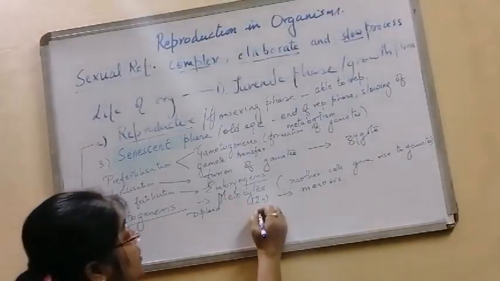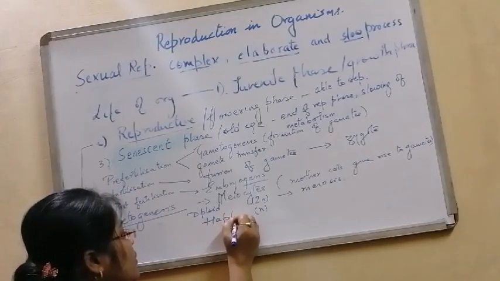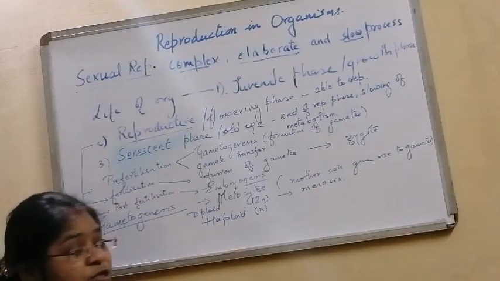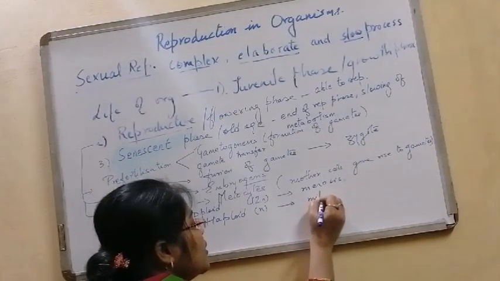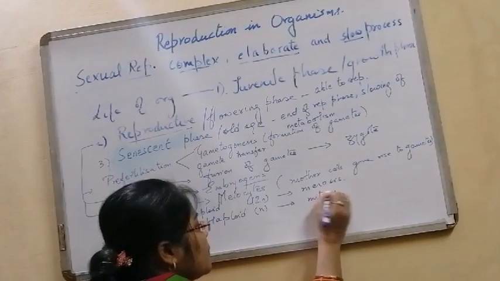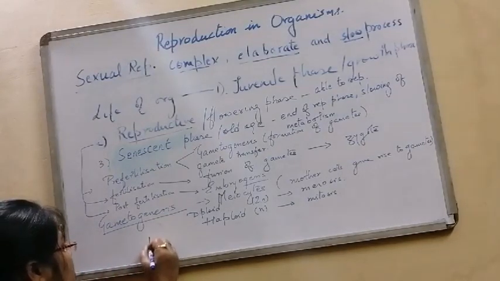If the meiocytes are N, that is, haploid, then gametes will be formed by mitosis.